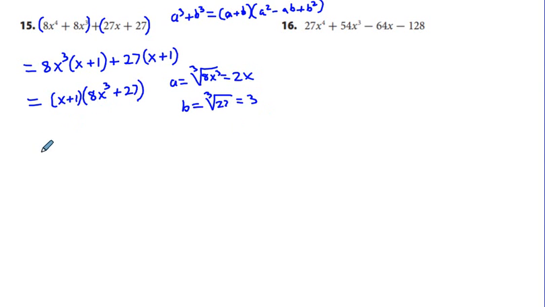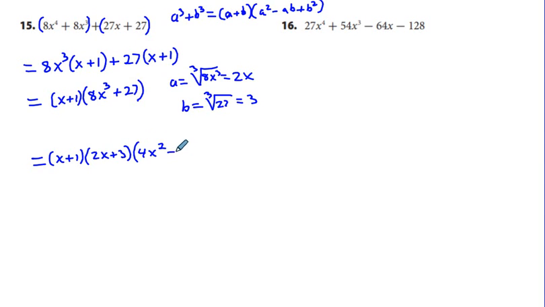And so now we can use this information to rewrite the expression as quantity x plus 1. And then we have a plus b, quantity a plus b, which is going to be 2x plus 3. And then we're going to have times quantity a squared, which is going to be 4x squared.